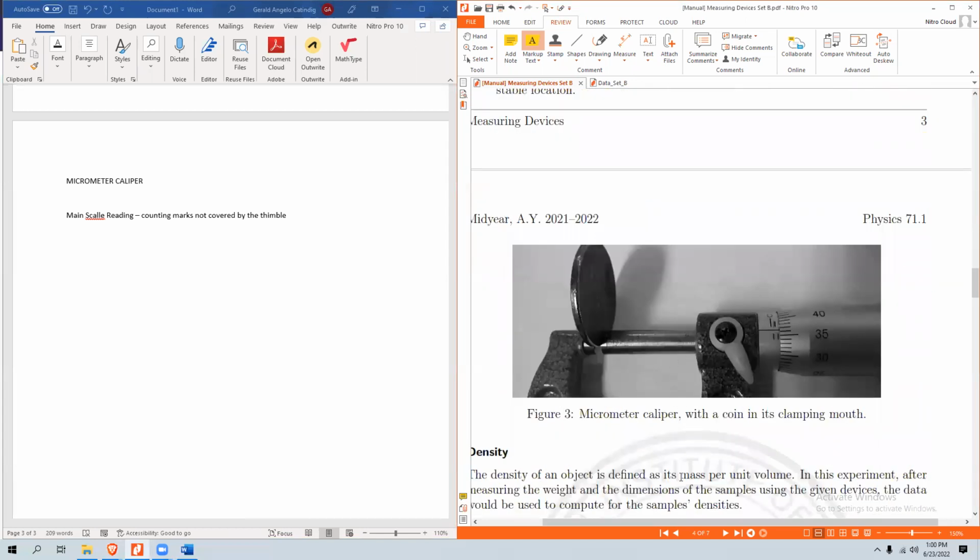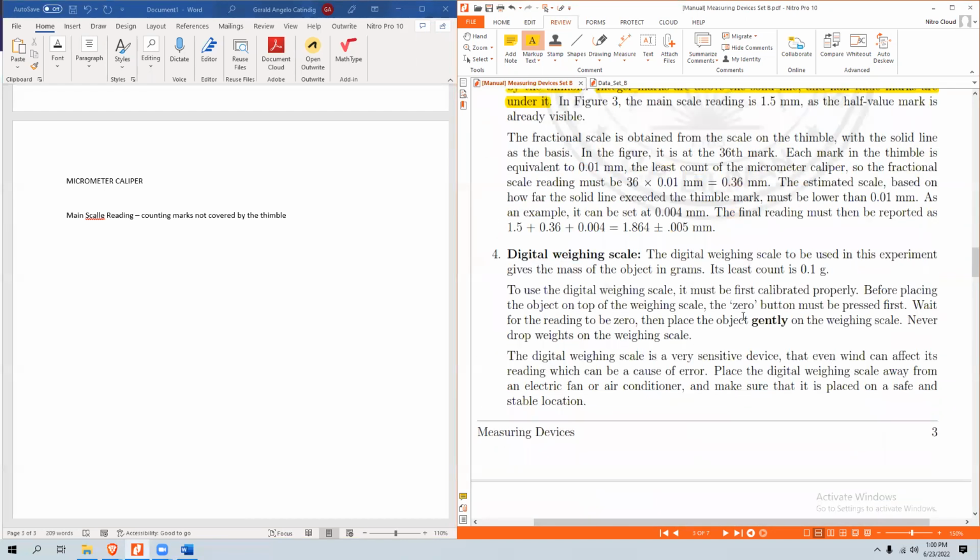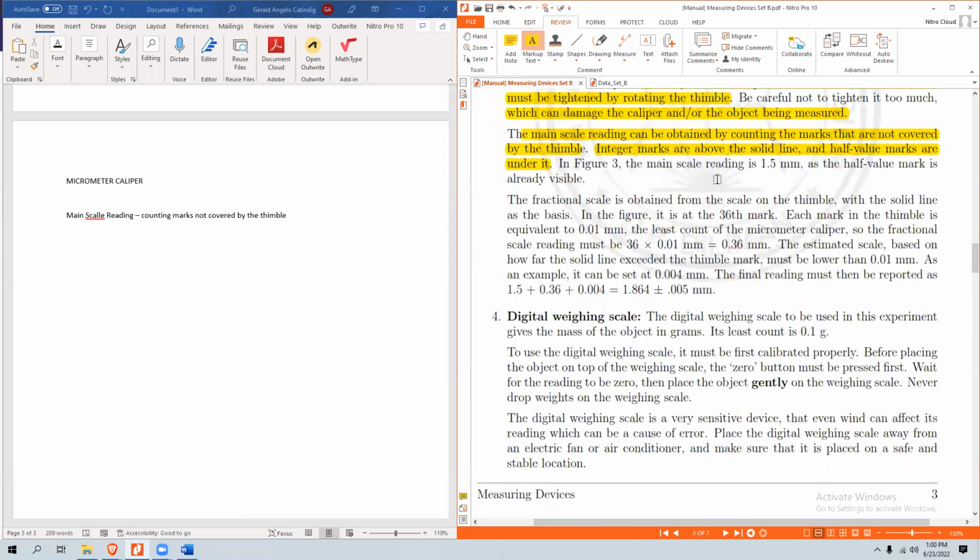Okay, here we go. So this is figure 3, measuring the thickness pa rin ito, of a 5 peso coin. So, ang main scale reading, again, integer marks are above the solid line. Half value marks are under it.